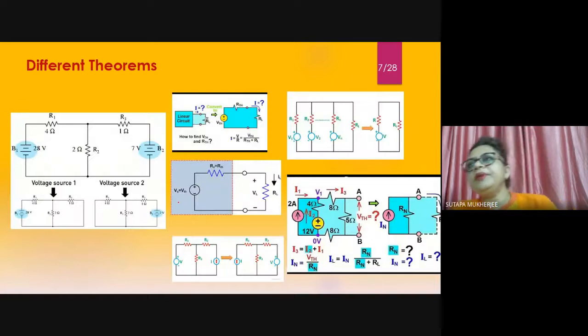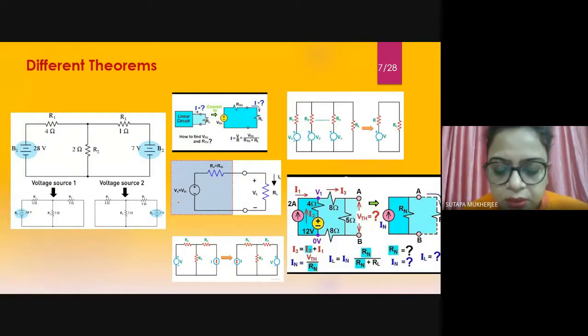Do you remember superposition theorem? Basically, superposition theorem states that in a linear bilateral network, if there is more than one source, then the current passing through any branch of the circuit will be the contribution of each source individually.